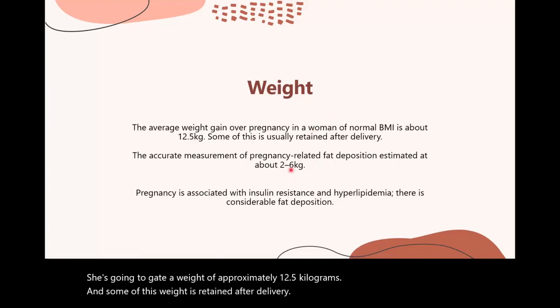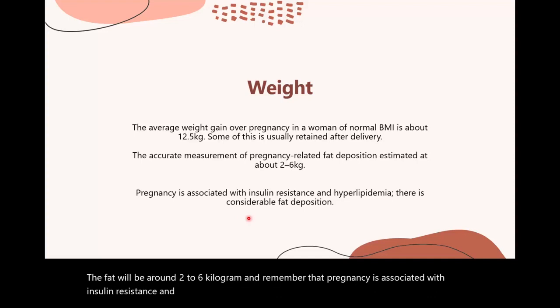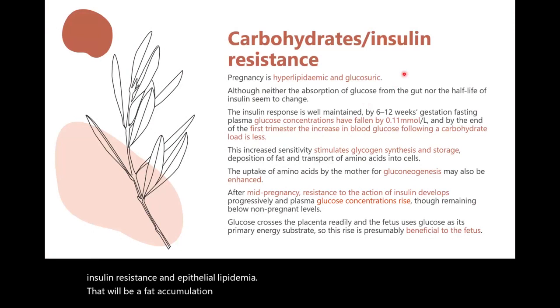The fat will be around 2 to 6 kilograms. And remember that pregnancy is associated with insulin resistance and hyperlipidemia. That will be fat accumulation and deposition. That's why there is weight gain.